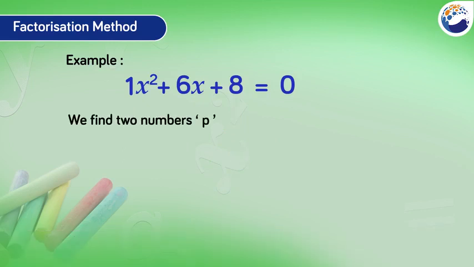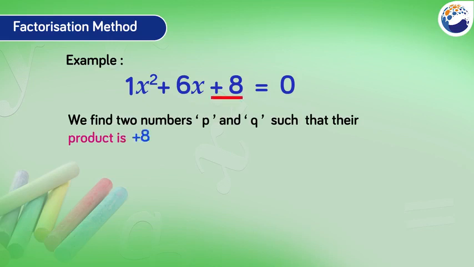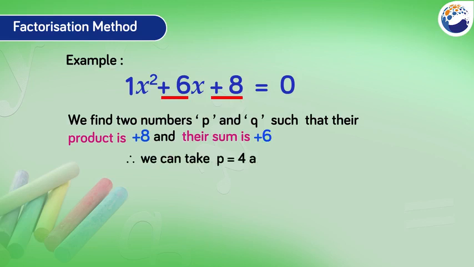We find out two numbers p and q such that their product is equal to plus 8 and their sum is equal to plus 6. We can take p is equal to 4 and q is equal to 2, as 4 into 2 is equal to 8 and 4 plus 2 is equal to 6.